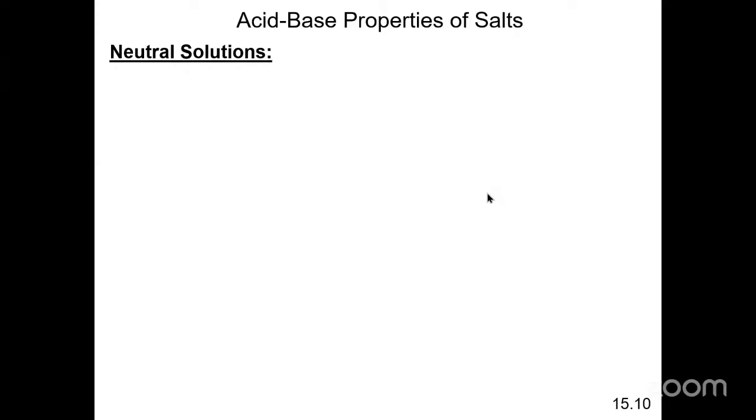All right, so with that said, let's talk about acid-base properties of salts. Now, you may have learned in General Chemistry 1 or high school chemistry that a salt is a substance which is produced when a base reacts with an acid, all right? We call that the neutralization reaction, right?